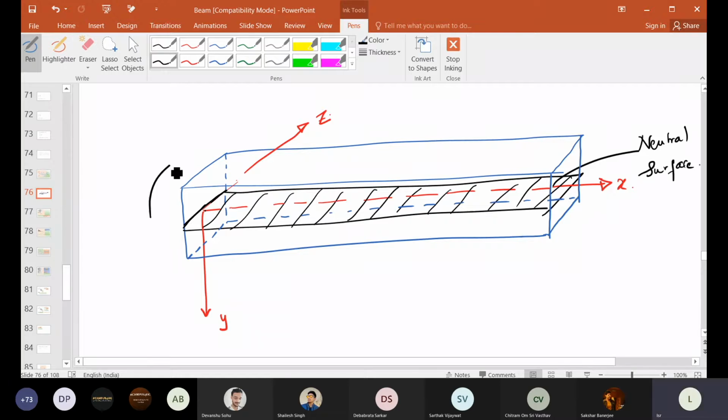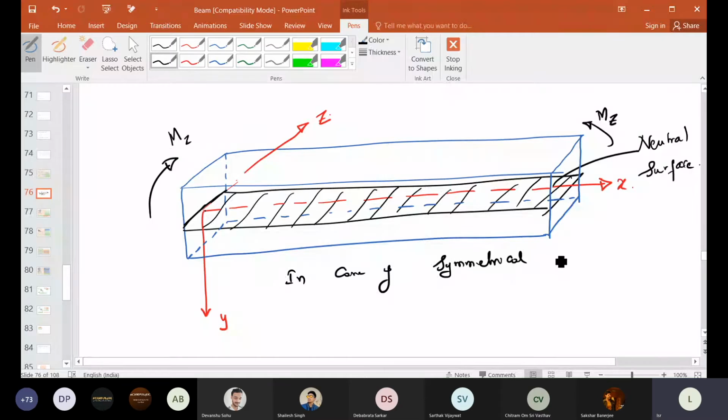So let's say this is Mz, and this is again Mz by equilibrium. So what will happen in case of symmetrical bending, because we have an axis of symmetry?